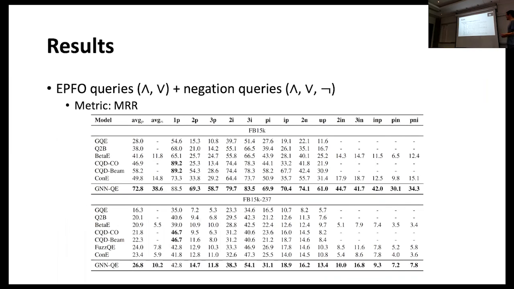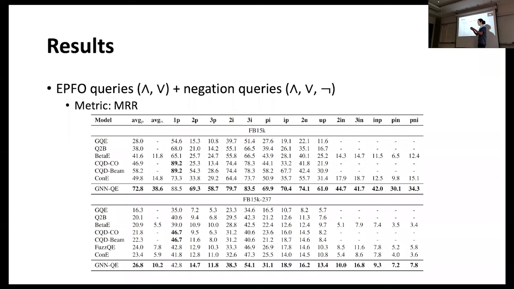So combining this together, we reach the model of GNN-QE, and we benchmark it on the standard datasets. This benchmark is across all the query types. The query types mean the pattern of the query graph we use for multi-hop reasoning.